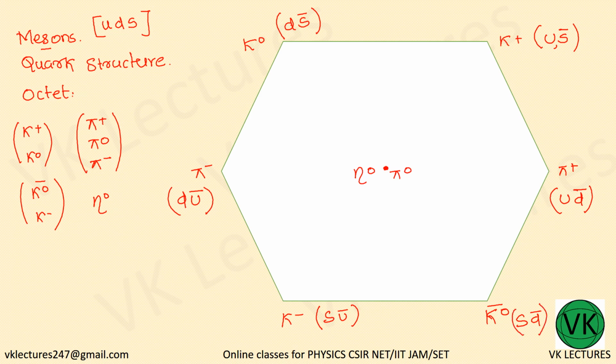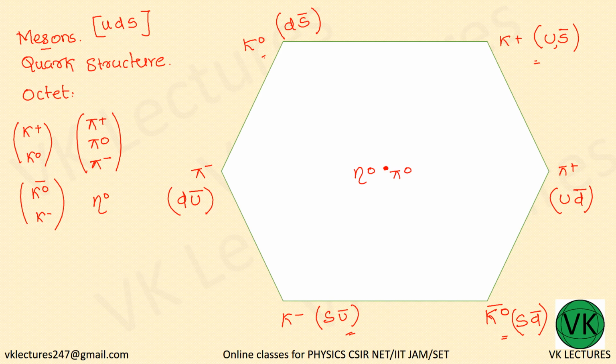So from this you can understand that wherever there is s, it indicates a strange particle. So we know that K plus, K naught bar and K minus are strange particles, while whatever is on the other side is not a strange particle. And what are eta naught and pi naught made up of?